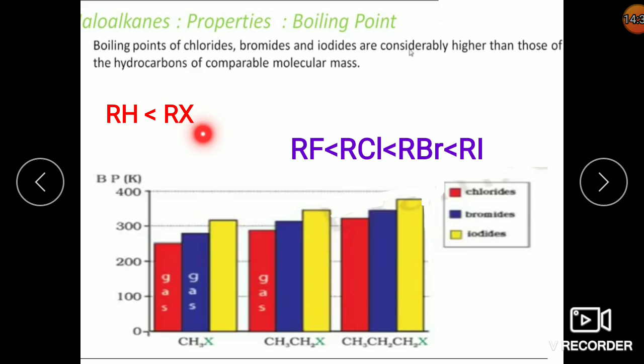This RX will have more molar mass, and we already know boiling point is directly proportional to molar mass. So the haloalkane will have more molar mass than the parent hydrocarbon. If you are given CH4 and CH3Cl, then CH3Cl will have a higher boiling point than CH4.